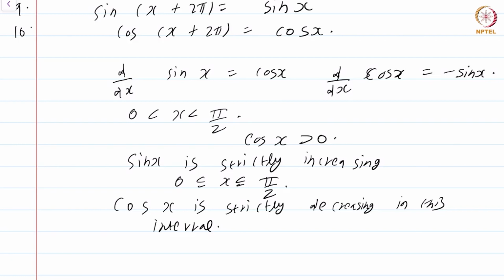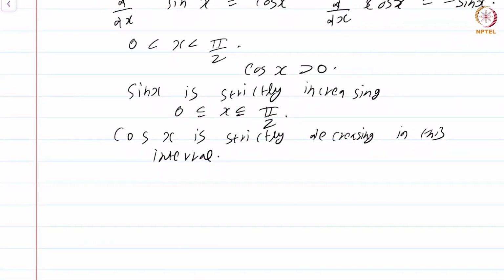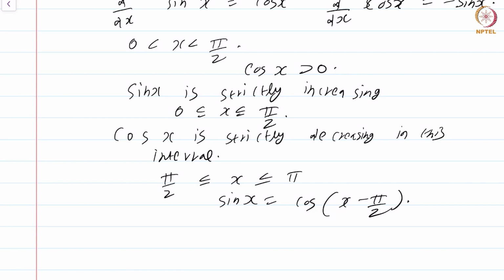Now we can repeat using some of these formulas involving sine of x plus pi by 2 and so on. We know that if you take pi by 2 less than or equal to x less than or equal to pi, we have, as you will show, that sine x is cos of x minus pi by 2. So that means in this interval sine x strictly decreases from 1 to 0.